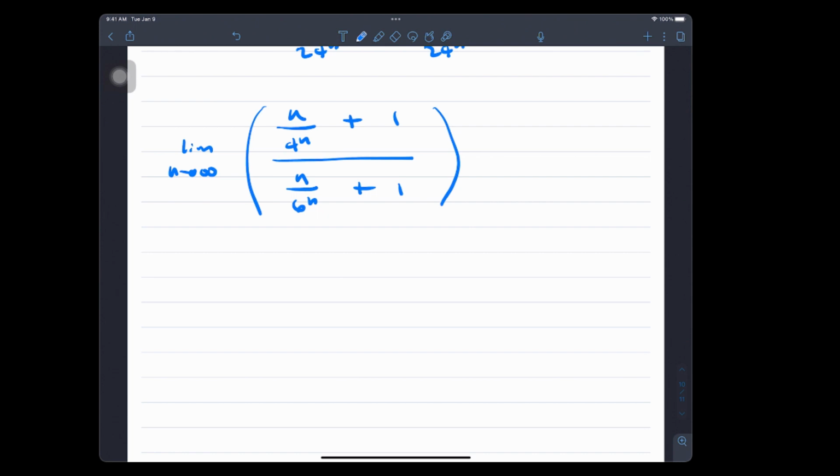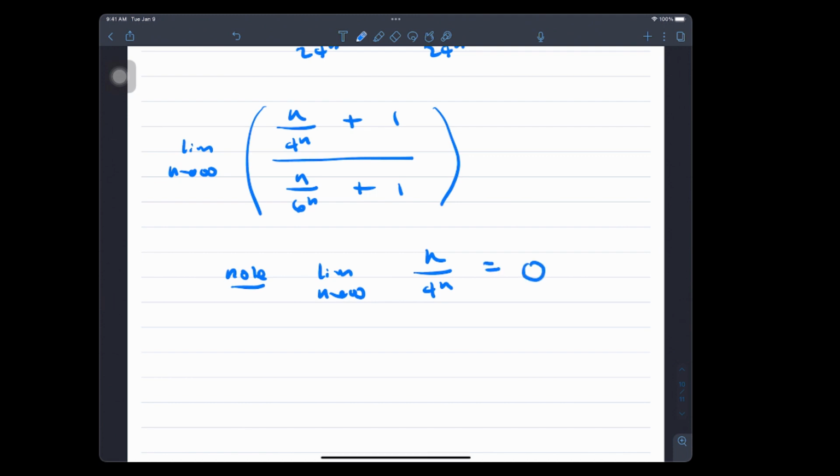Okay, and so the question's really going to be, note, you want to know what the limit as n goes to infinity of n over 4 to the n, and also n over 6 to the n, is. I'm going to say that this equals 0.